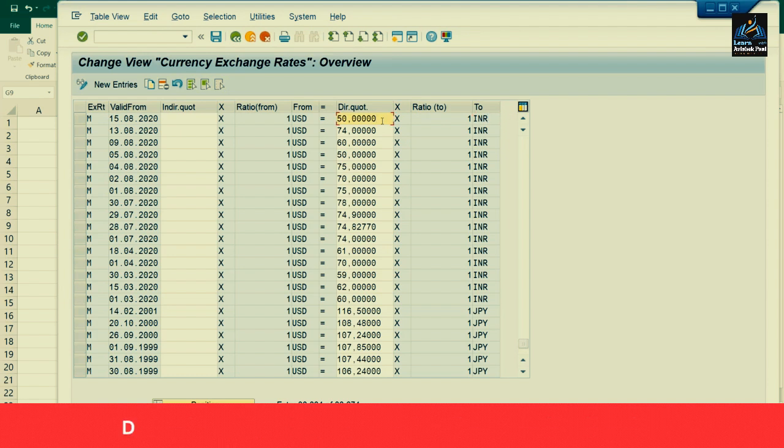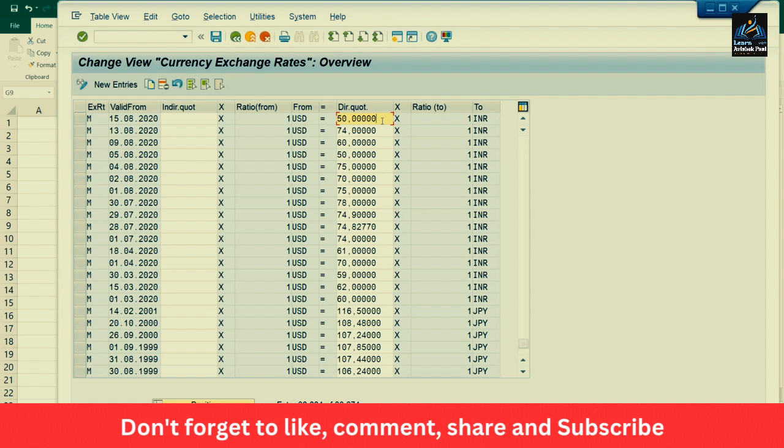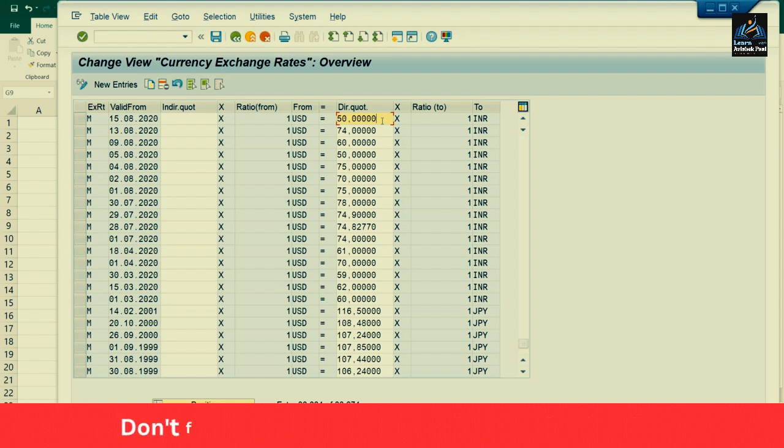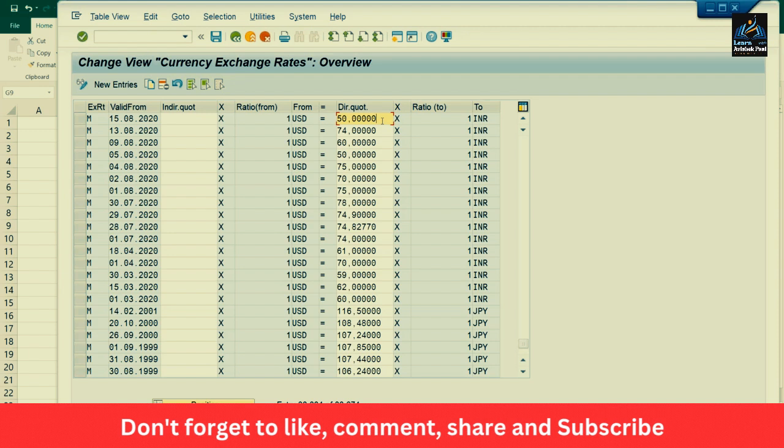It means whenever the local currency value is lesser than the foreign currency, let's suppose USD currency value is greater than Indian currency, or Indian currency value is smaller than USD, or GBP, or Australian dollar.